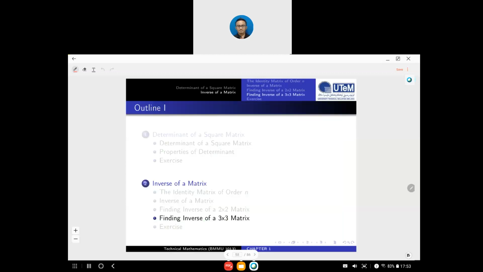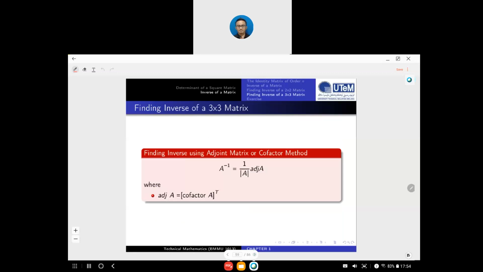Okay. What happens for matrix 3 by 3? First, we are using cofactor. How to find the inverse using adjoint matrix or cofactor method? Also the same thing for matrix 3 by 3. A inverse equal to 1 over determinant times adjoint of matrix A. What is adjoint of matrix A?